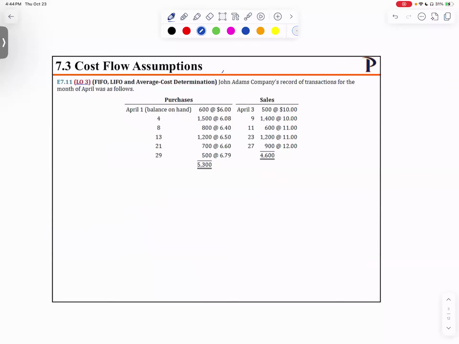First we're going to start with the average cost under the periodic method. Under the periodic method, we only calculate cost of goods sold at the end of the period. So when we're calculating the weighted average cost of our inventory, we're going to wait until the end of the period and look at our cost of goods available for sale as a whole. To calculate our weighted average cost per unit, we take the total cost of goods available for sale and divide it by the number of units available for sale.